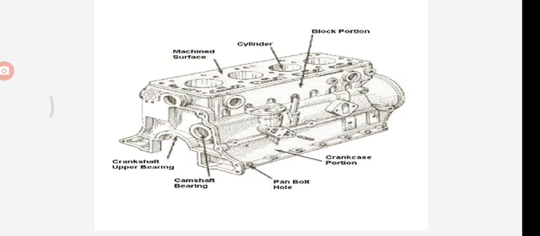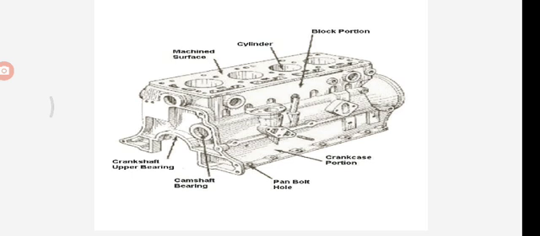The camshaft is located at the side of the engine block. The crankcase portion is located on the lower part of the engine block. In the camshaft bearings, there are upper bearings and lower bearings.